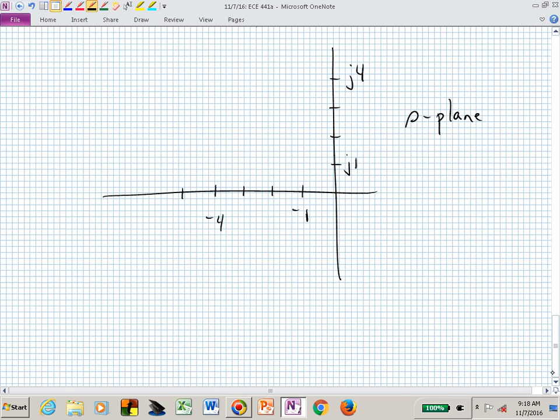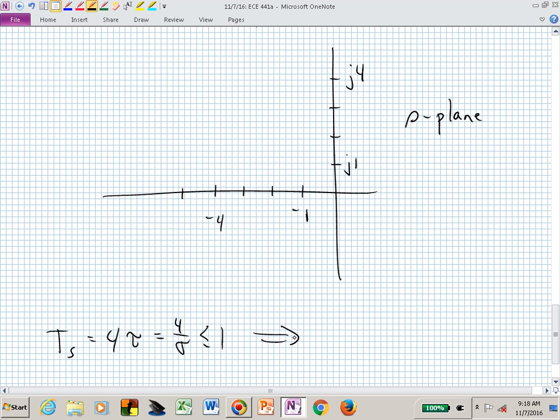We can find where that vertical line is, knowing that our 2% settling time is 4 tau, or 4 over sigma, and we wanted that to be less than 1. That was our specification. That's what somebody's requesting happen.